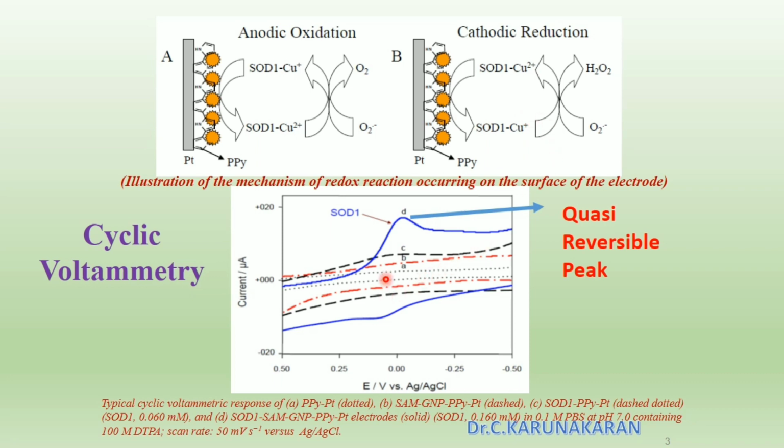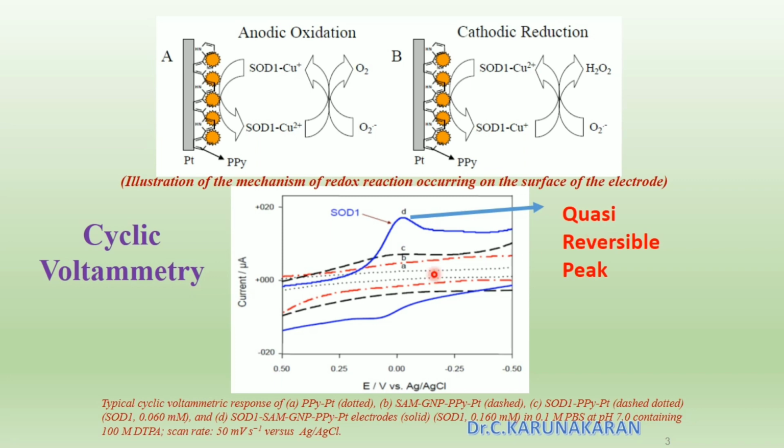As you see, because of the redox cycling, because of the transfer of electrons when it undergoes oxidation or reduction, there will be current flowing in the electrode. The current increases. Here we have used cyclic voltammetry, like an optical method.